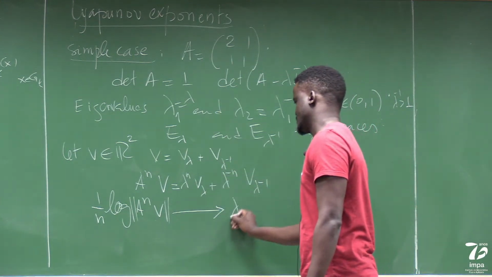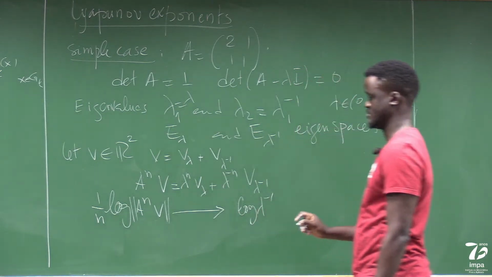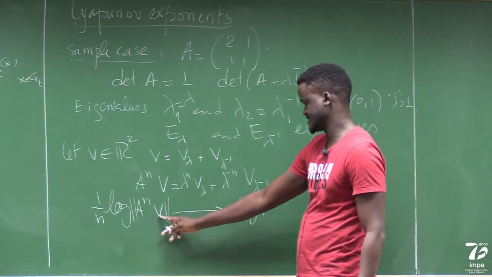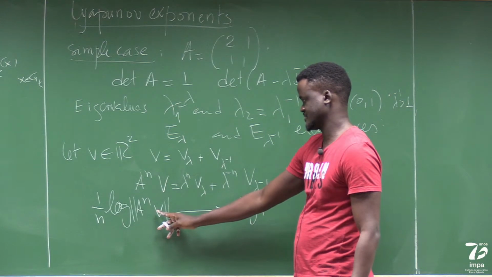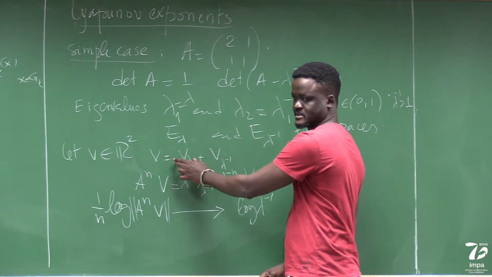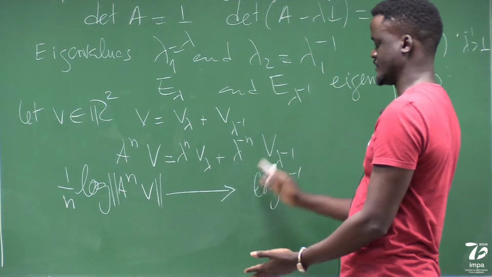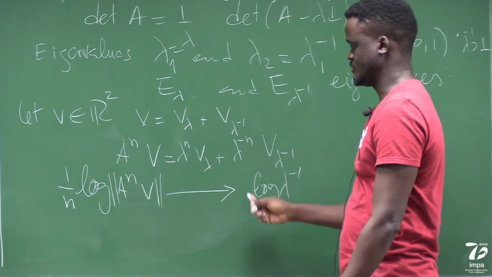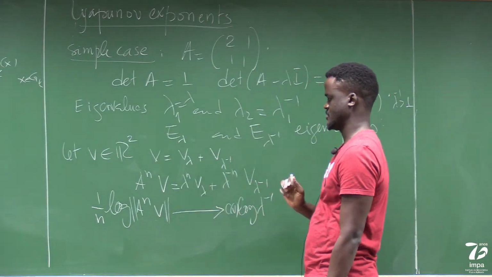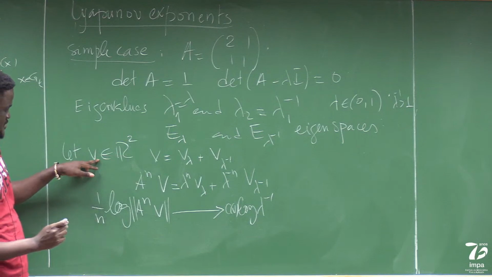So this converges to log of lambda minus 1. One thing I did not say is that this is for a typical vector, which has non-zero components, say modulus 1. Unless you choose this vector to be in one eigenspace, you will have this convergence, and there will be a constant C that depends on v, because it depends on the norm.